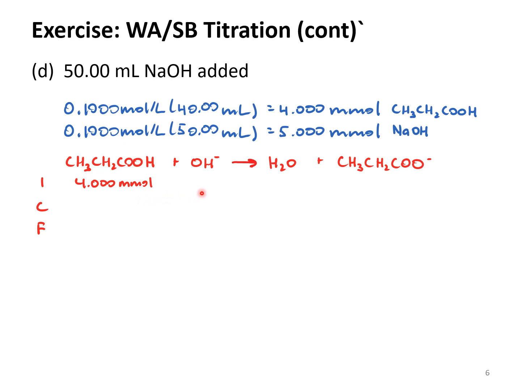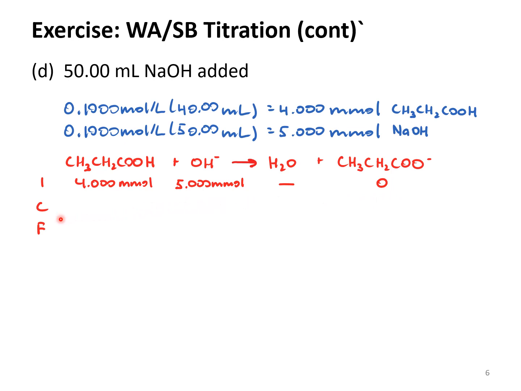For the number of millimoles of hydroxide, this time we have 5 millimoles of hydroxide, which of course comes from the sodium hydroxide. Since water is a pure liquid, we just put a line through it, and since we don't start with any propanoate at the start of the reaction, we simply have 0 millimoles of propanoate.